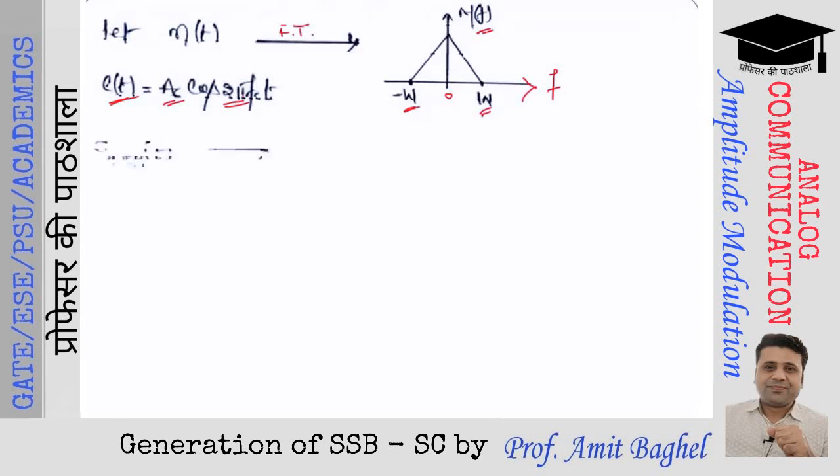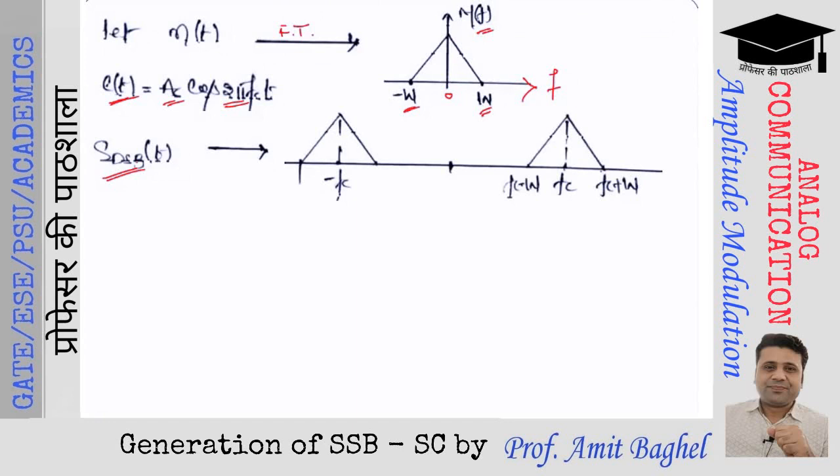So the DSBSC signal S of DSBSC of t will be generated with the help of a product modulator and can be analyzed in frequency form like this. This is the frequency domain representation of s(t), which is a DSBSC modulated waveform.